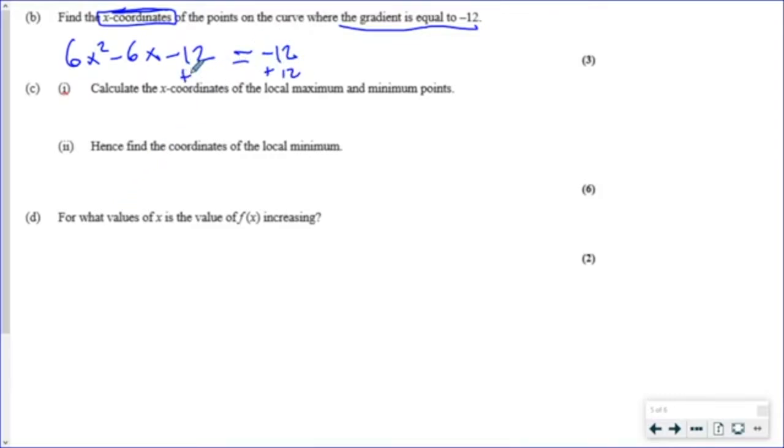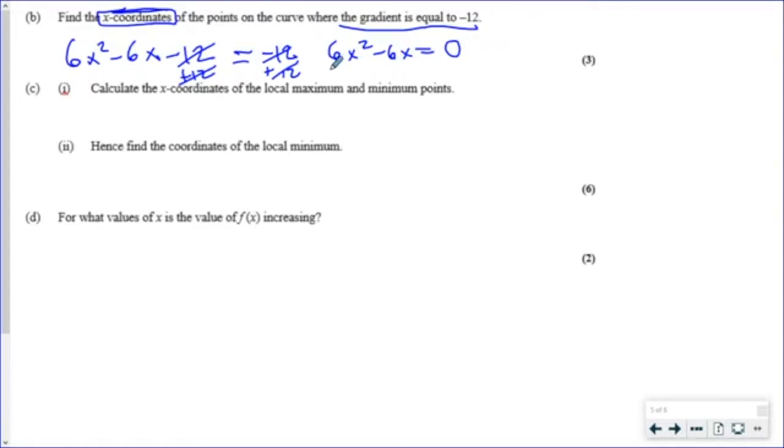I'm looking for x. Now I have 6x squared minus 6x equals 0. And here comes the part that makes me want to cry. Factor this. I know, how dare I ask this from you? What do these two things have in common?